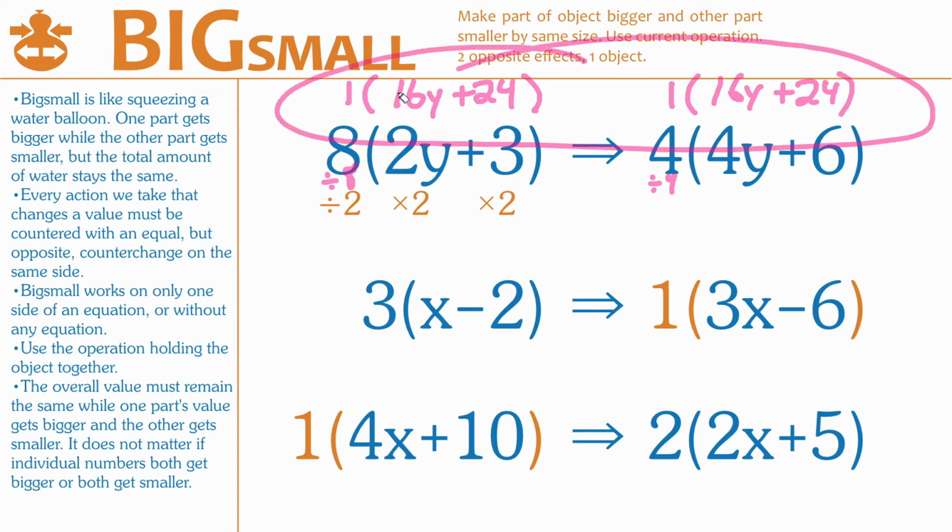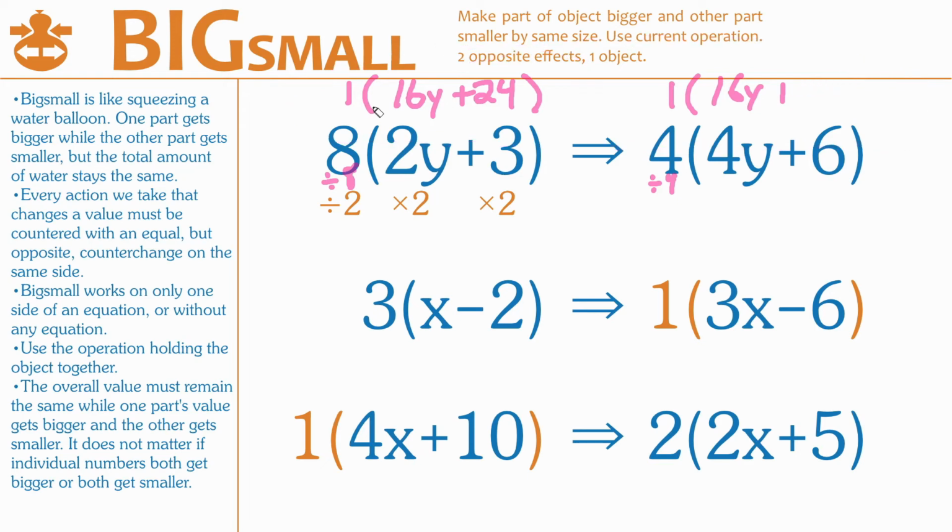Notice I get the same answer. I never changed the value of the problem. I changed the little mini values of the parts, but I never changed the overall value of the problem.